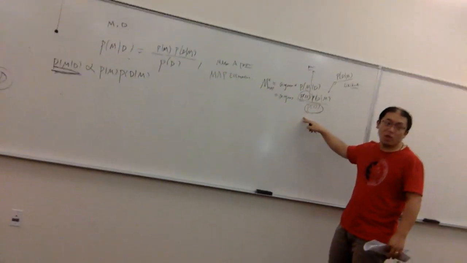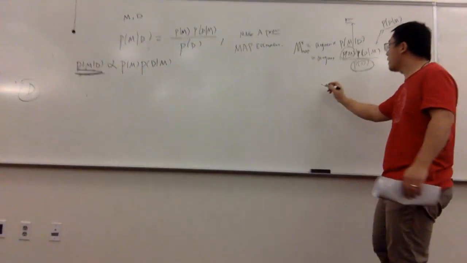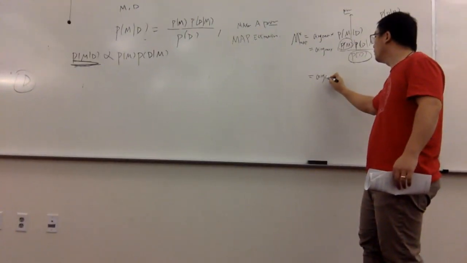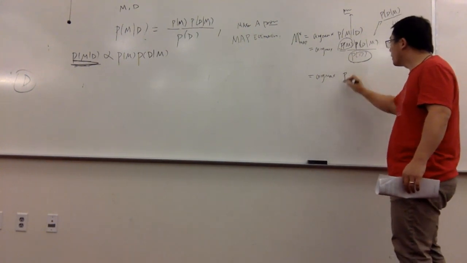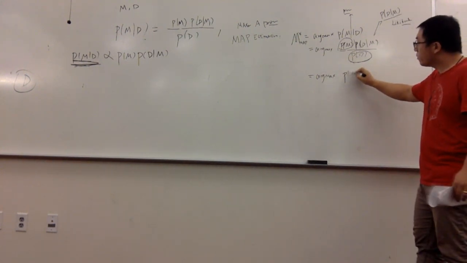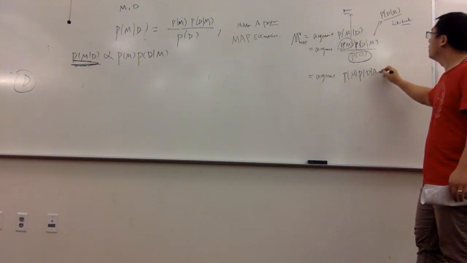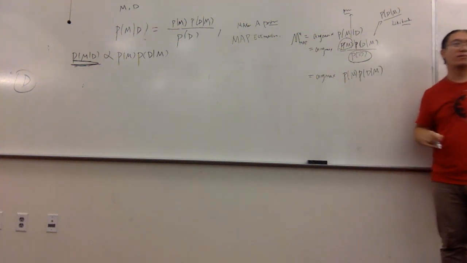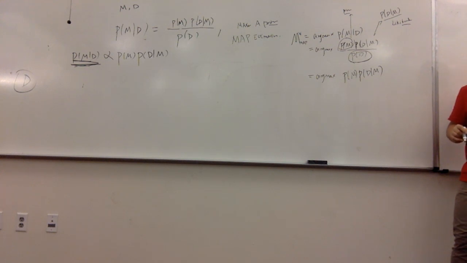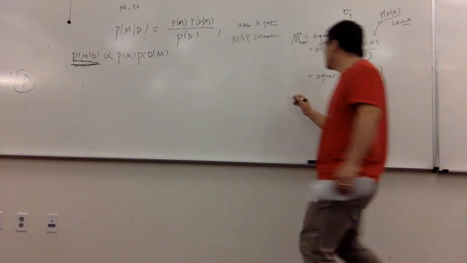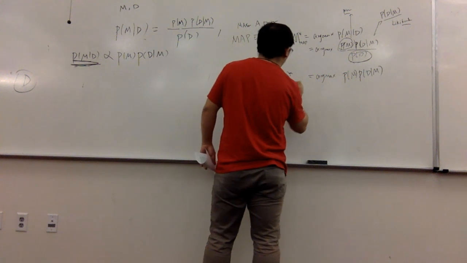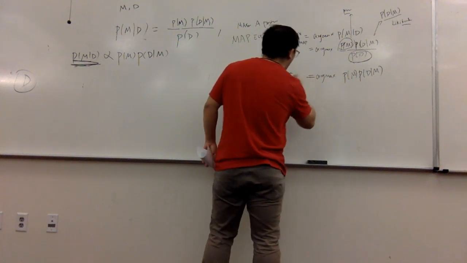Then it means when we do the maximization, we can throw out P(D) because it is just a positive constant. So now this maximization becomes maximizing the product of the prior with the likelihood. This is the most common way to find the MAP estimation.